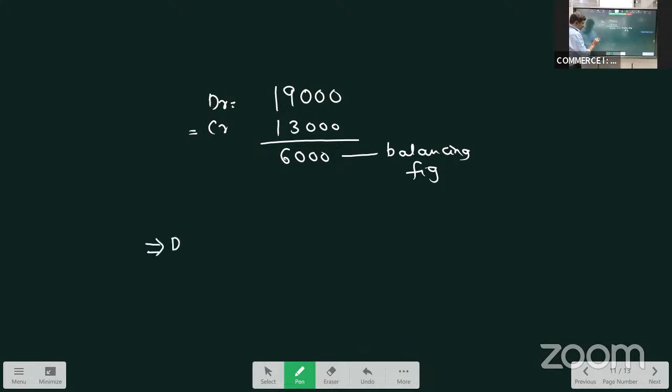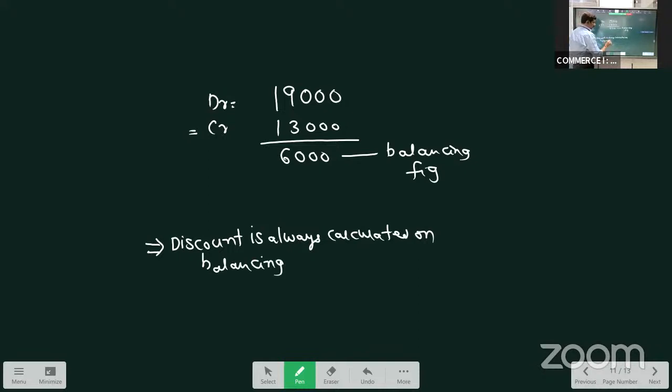Whenever a discount is given, discount is always calculated on balancing figure. In this case, what is the balancing figure? 6,000.